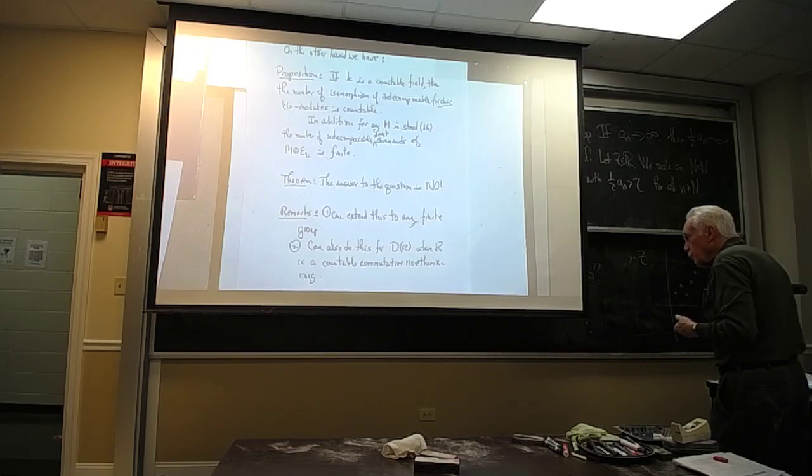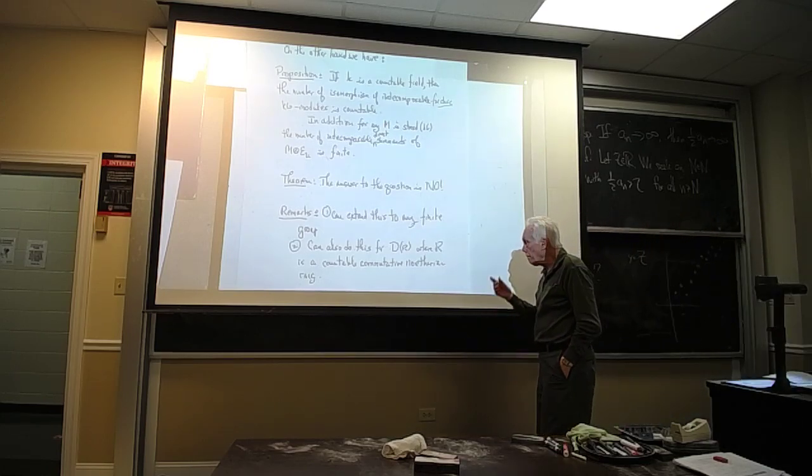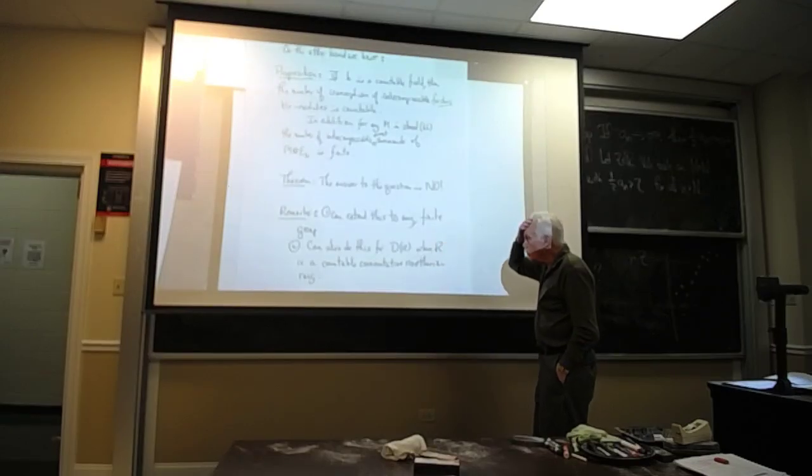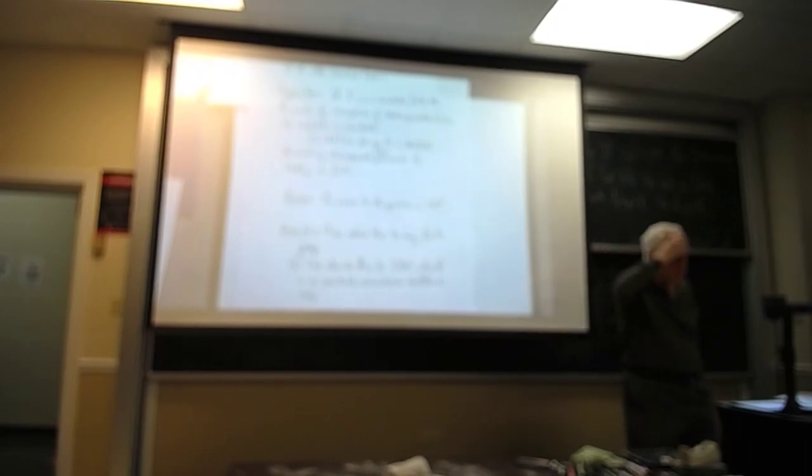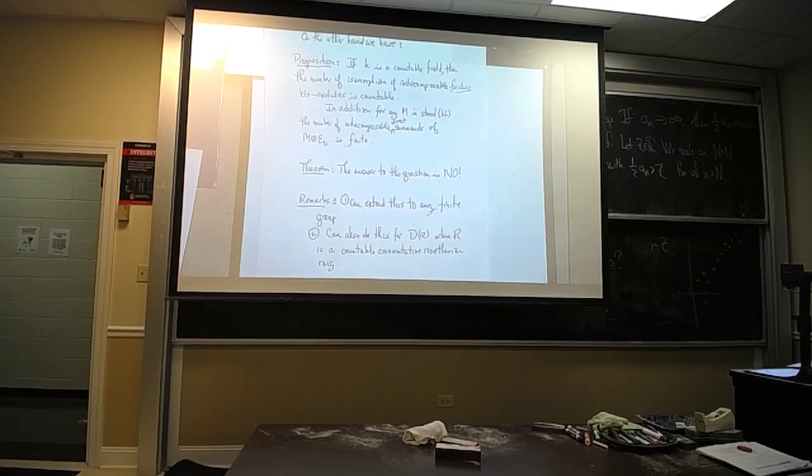We can also do this for the derived category of a ring R, where R is a countable commutative noetherian ring. It's basically the same idea. It uses a whole bunch of other machinery, but we use machinery from commutative algebra.